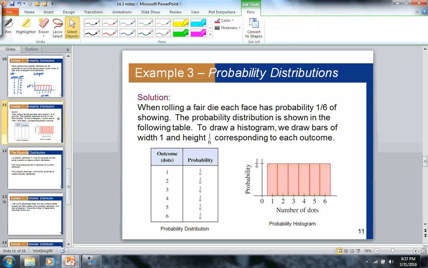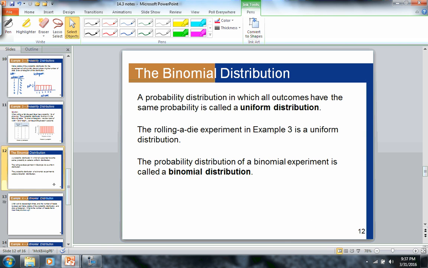But you can see that they have their table here with the probability distribution. And then here is their histogram, or their probability histogram, and every bar is exactly the same. Now when that happens, when every bar is the same, that's called uniform distribution. Well, that makes sense. They're all the same. They're uniform. Okay.